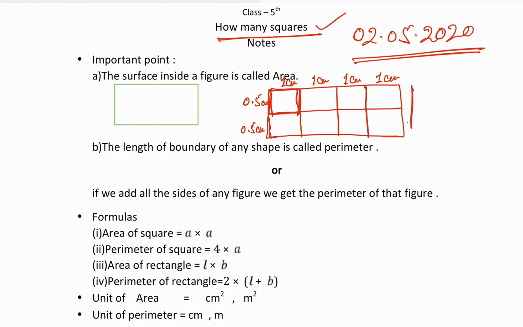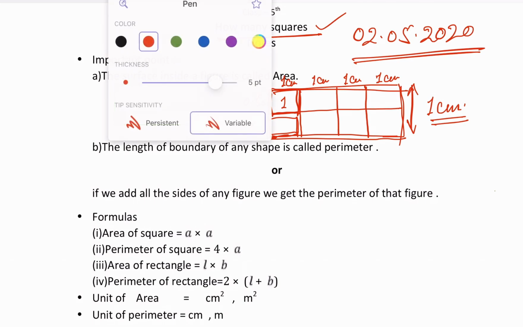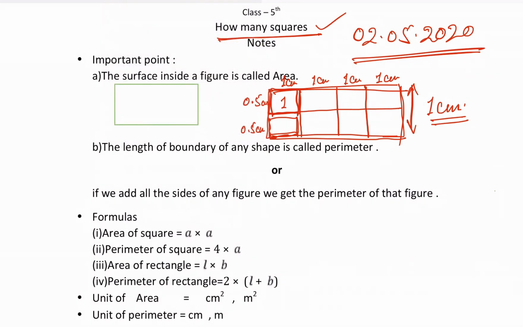So the total length and total breadth of this rectangle will be 1 centimeter. Then how many small rectangles in this big rectangle can you count? 1, 2, 3, 4, 5, 6, 7, 8. There are 8 small rectangles.